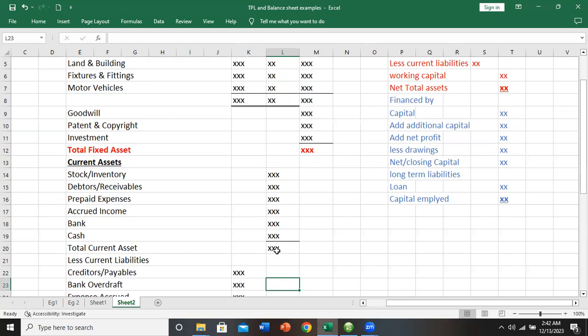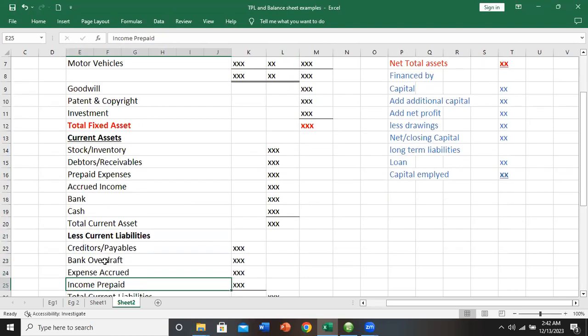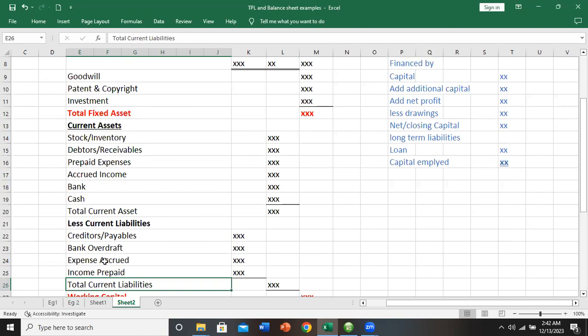After your current assets, the next thing is your current liabilities. And your current liabilities, they are also not plenty. Going straight ahead to them, you have your creditors. Creditors are people the business owes. So the suppliers that we owe.